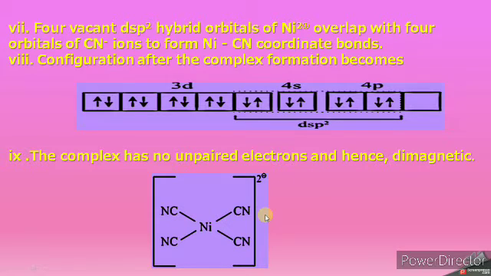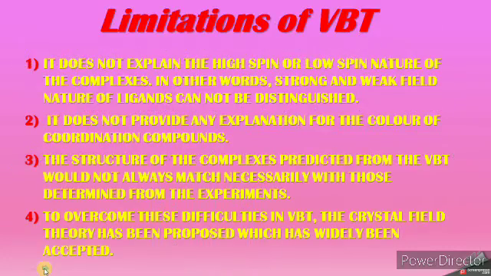So the structure is square planar. If you observe the electronic configuration, there is no unpaired electron, so your complex is diamagnetic in nature, it is not paramagnetic. Okay, so always mention the hybridization and magnetic behavior. Then the limitations of VBT.